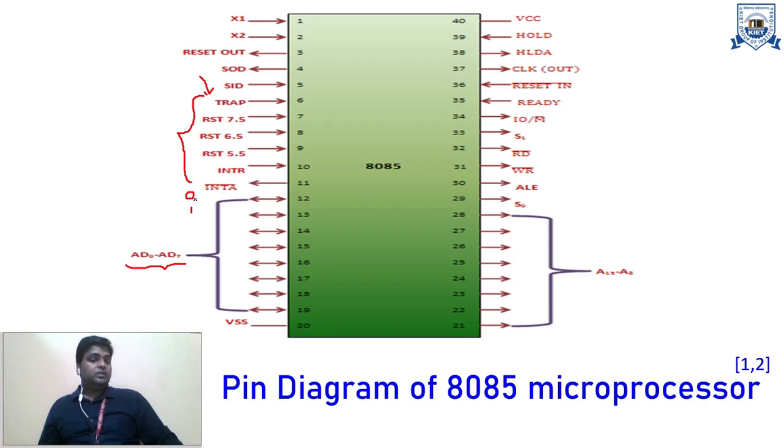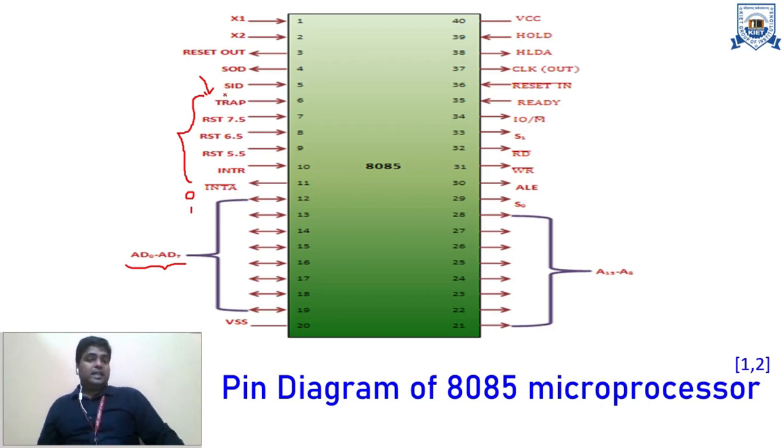When this is 0, it is active; when this is 1, it is inactive. This interrupt acknowledgement is sent by the 8085 microprocessor to other devices to indicate that it is currently handling a particular interrupt. That interrupt is acknowledged, and this signal is sent via this particular pin. That is your interrupt acknowledgement.